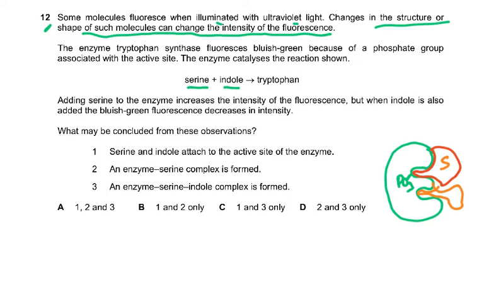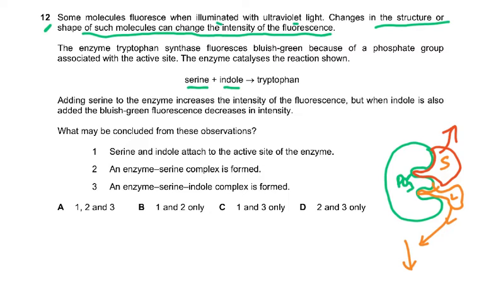But when indole is also added, the bluish green decreases in intensity. So indole causes a decrease in intensity, and serine increases the intensity.